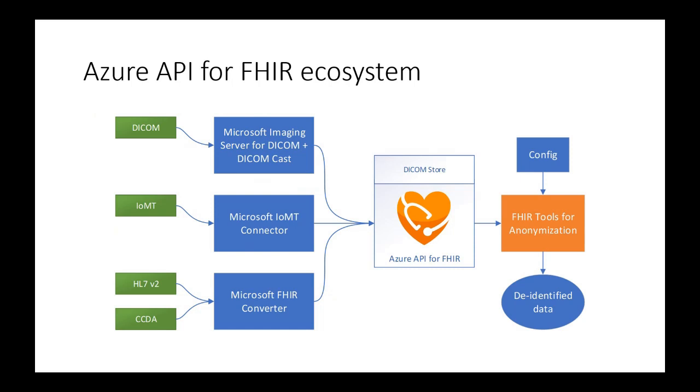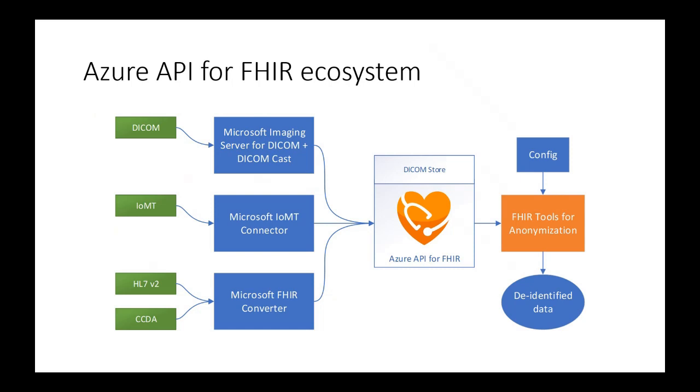We have the IoMT connector, which can read different types of IoMT data and convert it into FHIR format. We have the FHIR converter that can take HL7v2 and CCDA messages and convert them to FHIR. So the story is that we take data from different formats, convert it into FHIR, and use it in the FHIR store.